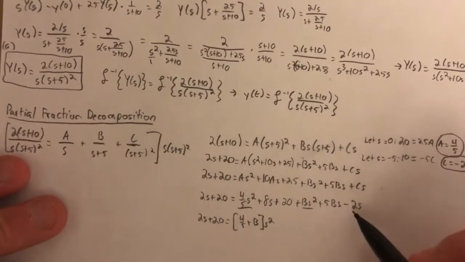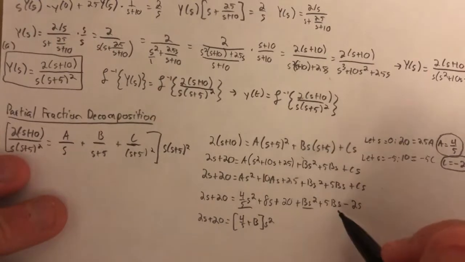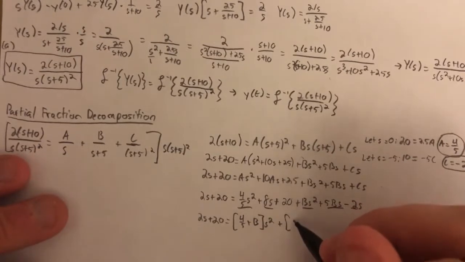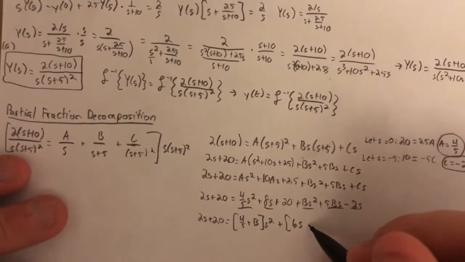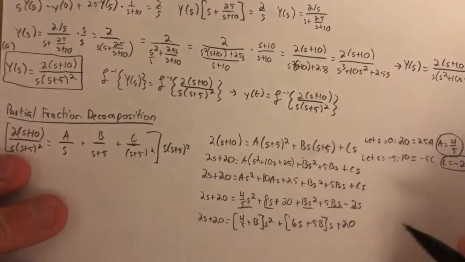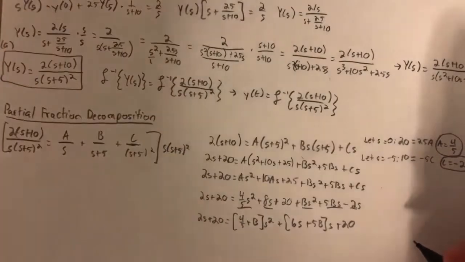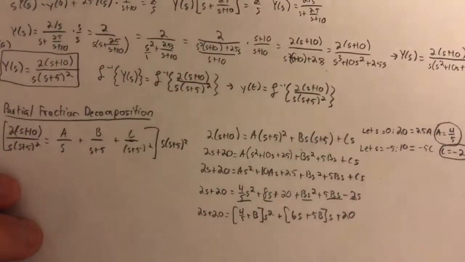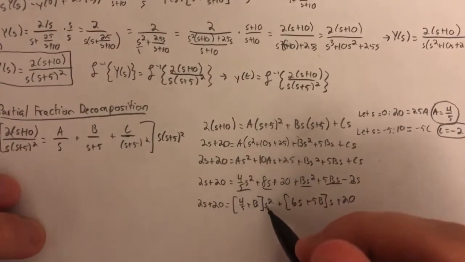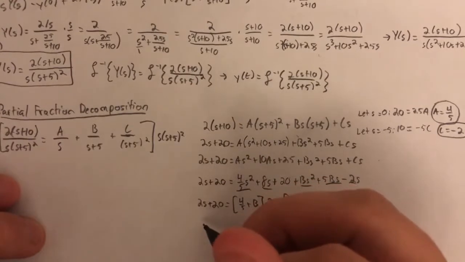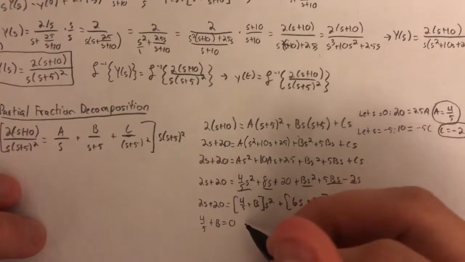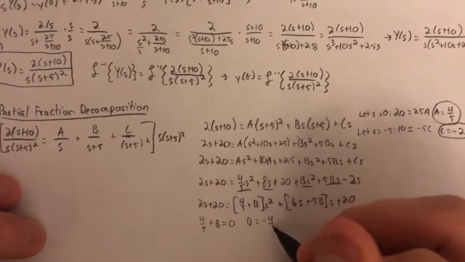We have 8s minus 2s, so that's going to be 6s, and then the terms for s, 6 plus 5b times s, plus 20. There are a couple ways to figure out b. Easiest might be, since there's no s squared on the left side, we know that 4/5 plus b is going to equal 0. Thus, b is going to equal -4/5.